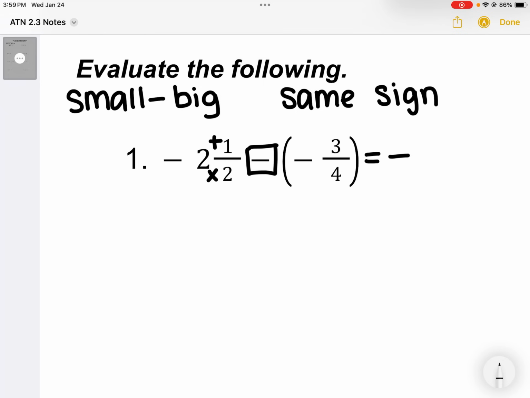Because I already put the negative in my answer, I'm going to completely ignore the signs and just worry about my subtraction now. So here is my 5/2. Because it's same sign, I'm going to do what the sign says. Put a subtraction sign. 3/4, I don't need to change anything about 3/4.